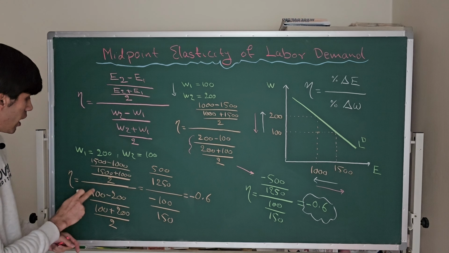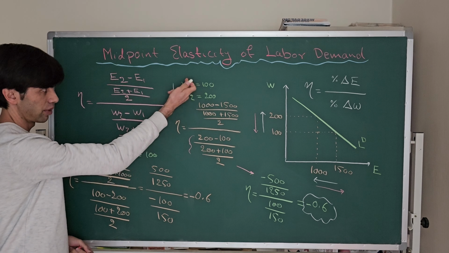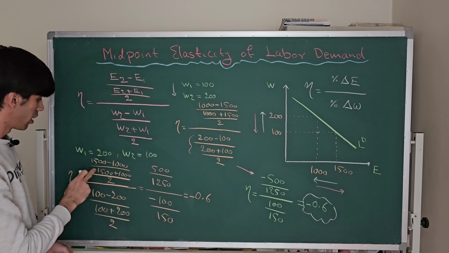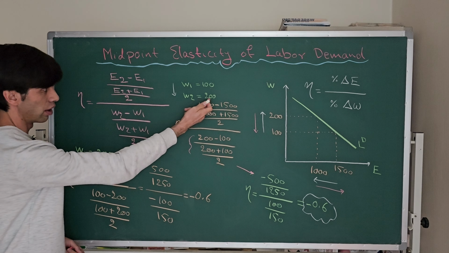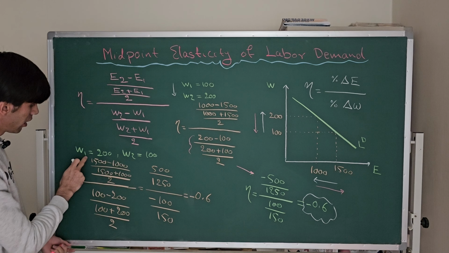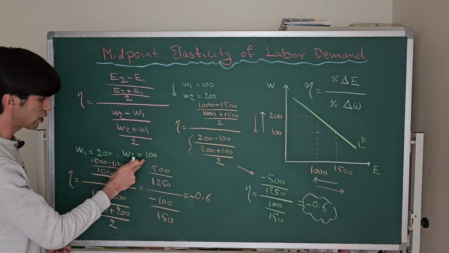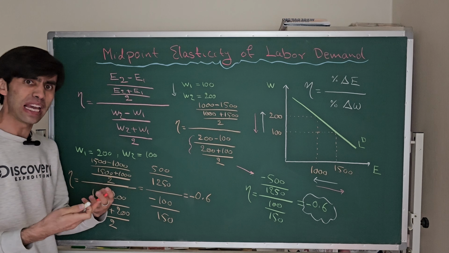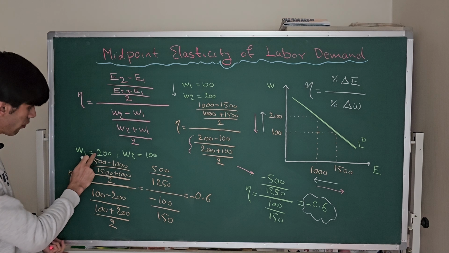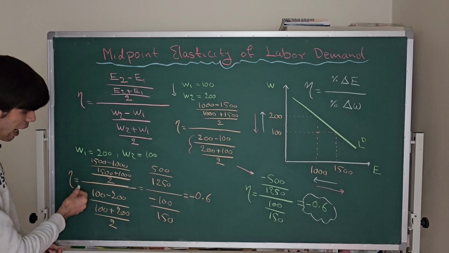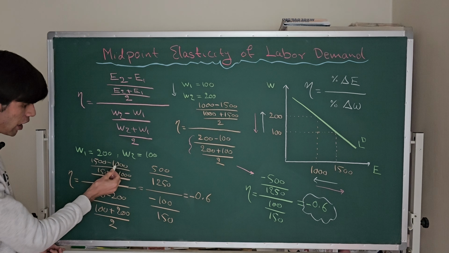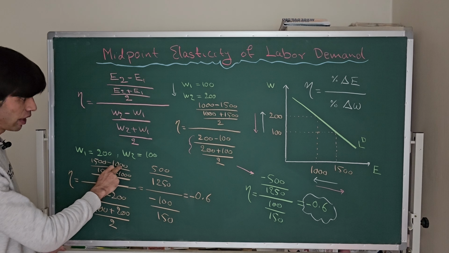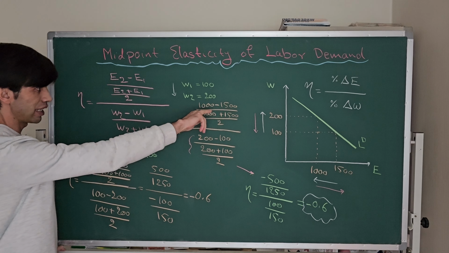Now suppose our initial wage rate in the next case is not 100 but 200, so we move from 200 to 100. It means we move down rather than up. The wage rate is declining from 200 to 100. Again, what happens to the formula? Just the place of the numbers will change. Now our initial employment level is 1,000 rather than 1,500.